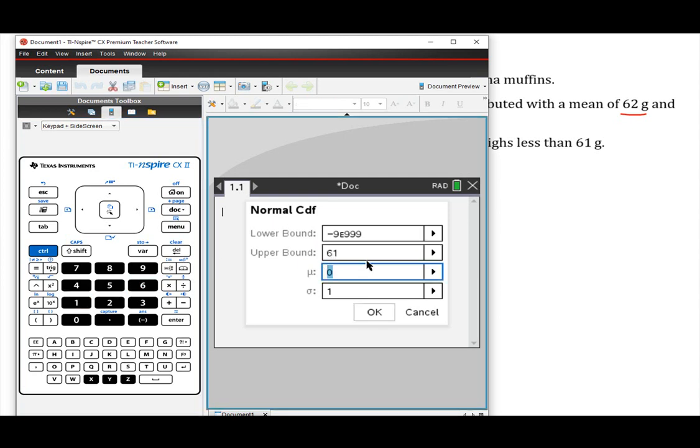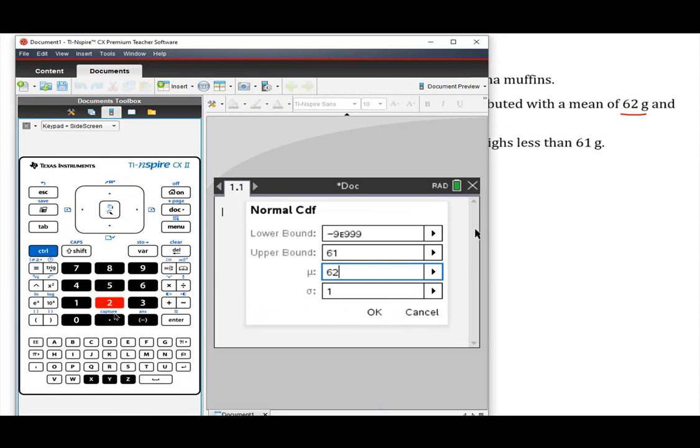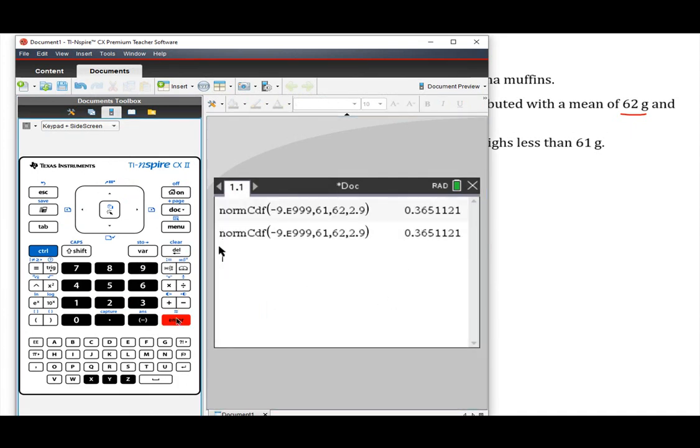Then our mean they gave us was 62, and our standard deviation was 2.9. So enter. We get 0.36511.